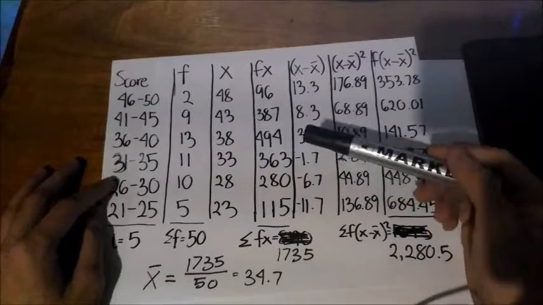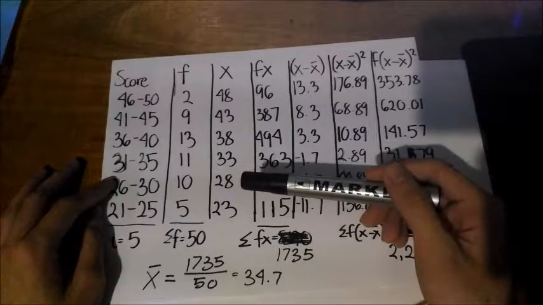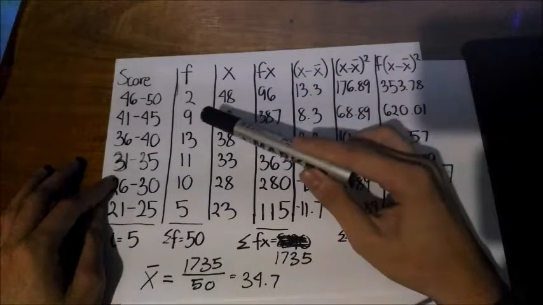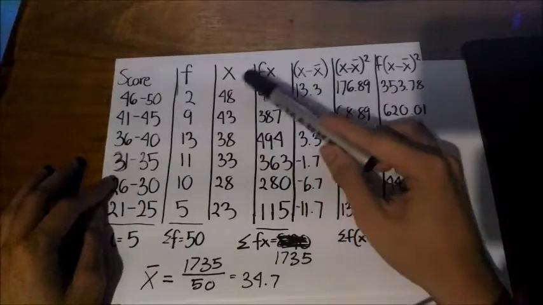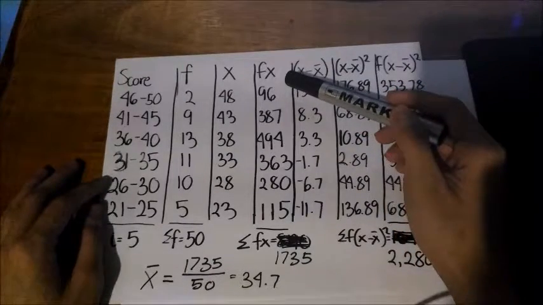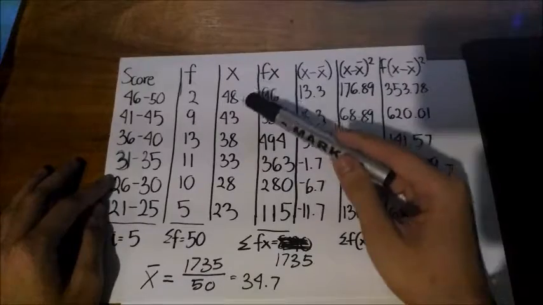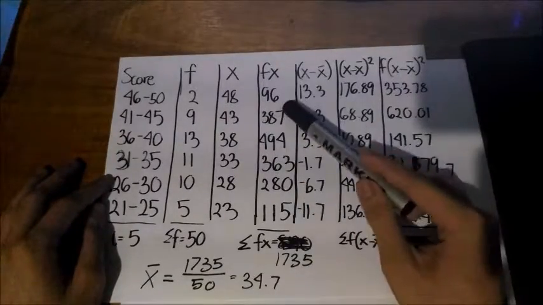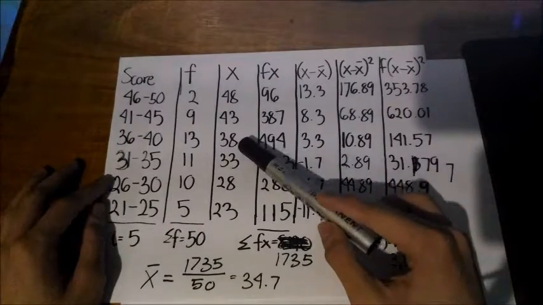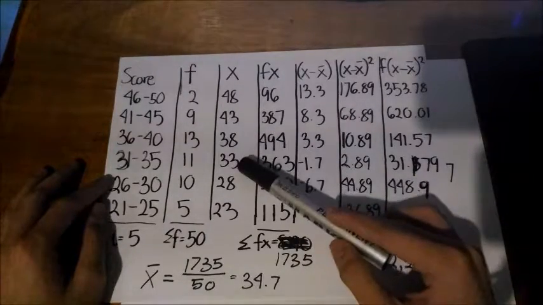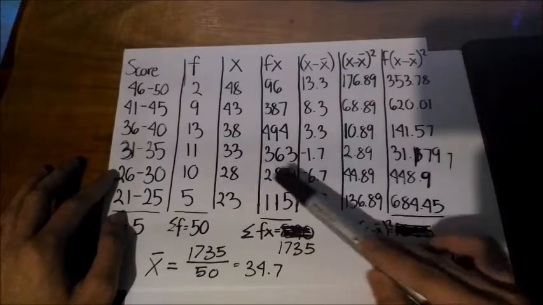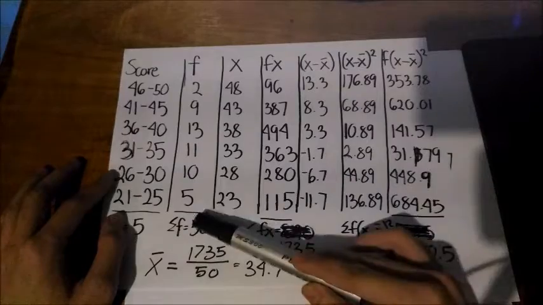After you get the class mark, you need to multiply it by your frequency. So frequency multiplied by your class mark. 48 multiplied by 2 is 96. 43 times 9 is 387. 38 times 13 is 494. 33 times 11 is 363. 28 times 10 is 280. 23 times 5 is 115.